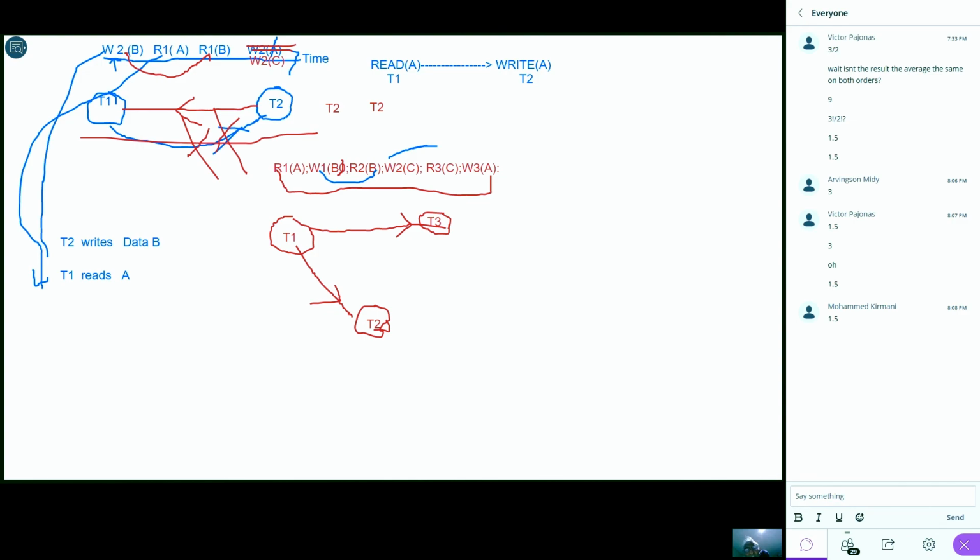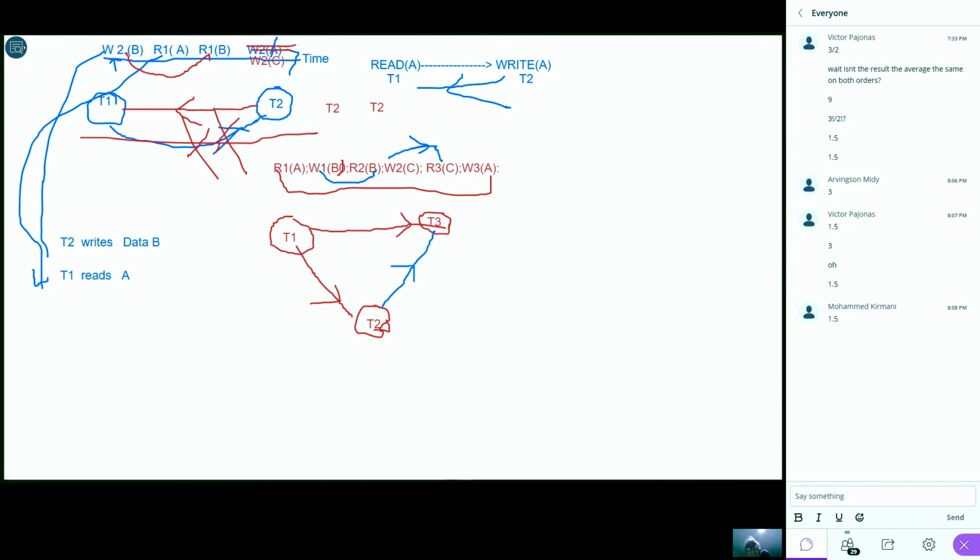So 2 is working with C. Is there anything else working with C? Oh, right here, 3. This is writing, this is reading. If one transaction is writing something and the other one is reading the same thing, this order must be maintained. So 2 must come first, 3 later.